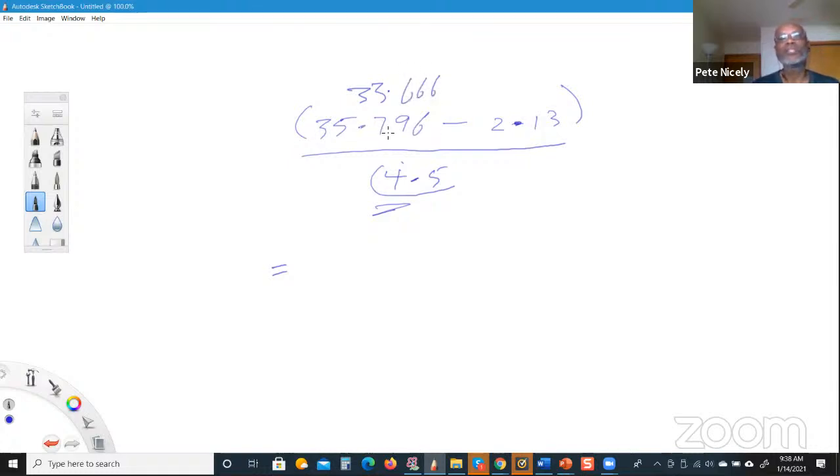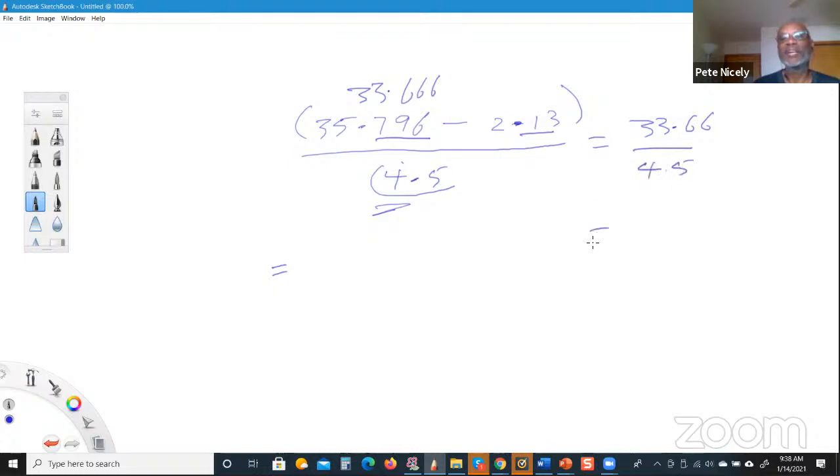But because you're doing subtraction, according to the rules, you have to round off to the lowest number of decimal places of the numbers involved in the calculation. Here you have 3 decimal places, here you have 2, which means you need to round this number to 33.66, all right? Then you divide by 4.5.